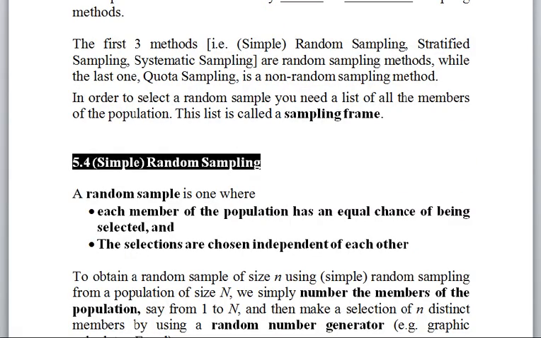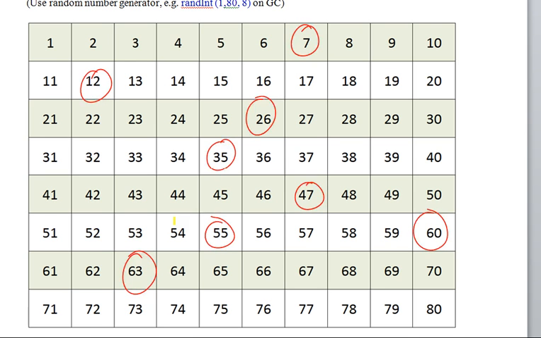A random sample is one where each member has an equal chance of being selected. Now, in order to do it, you must have what we call a sampling frame.